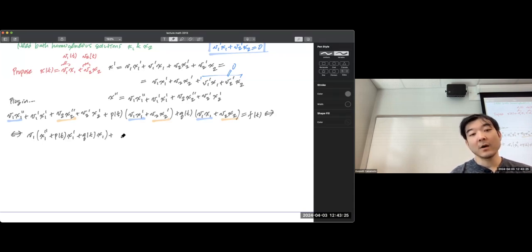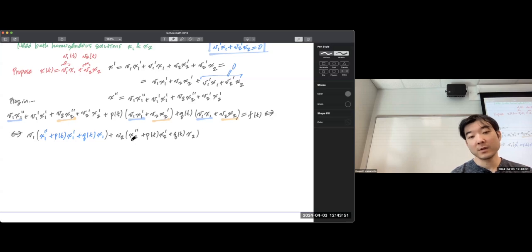Plus all, so maybe I'll even make it with this color so people can see. So these were all the blue terms after you consolidate those. And then there's a v2. There's an x2 double prime. There's a p of t x2 prime, and then a q of t x2.